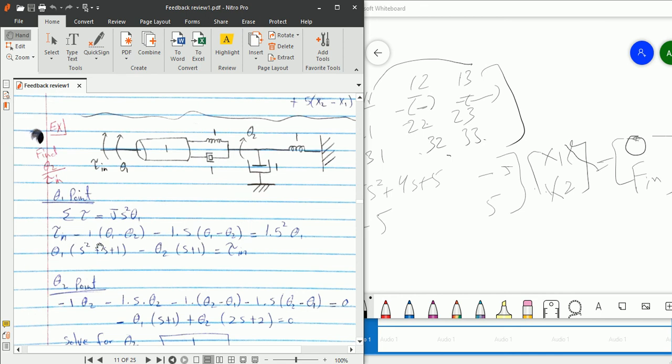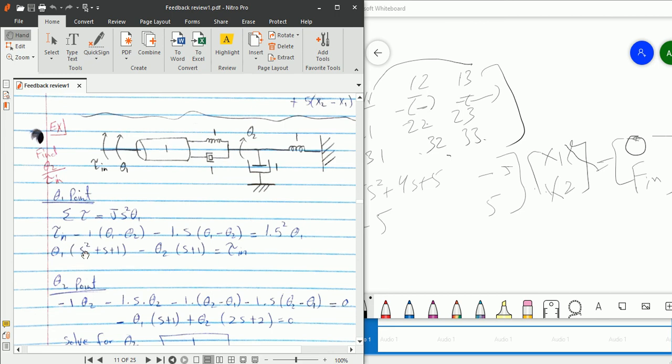So you can now rearrange it, take these two terms towards the right. You will be having s square theta 1, and then solve it and you will get theta 1 into s square plus s plus 1 minus theta 2 into s plus 1 is equal to tau in. Again you can see that it's very clear: for theta 1, just add all the impedances connected to 1.